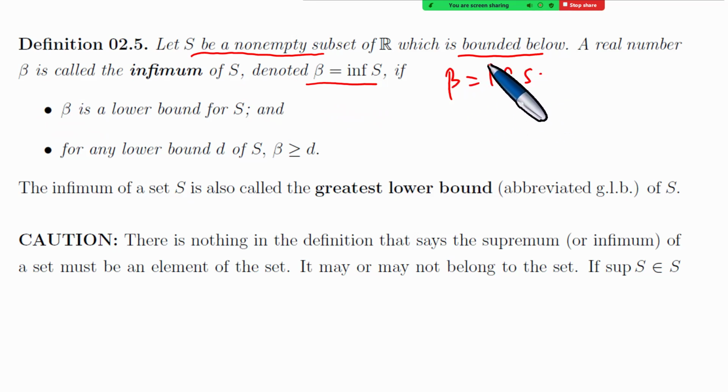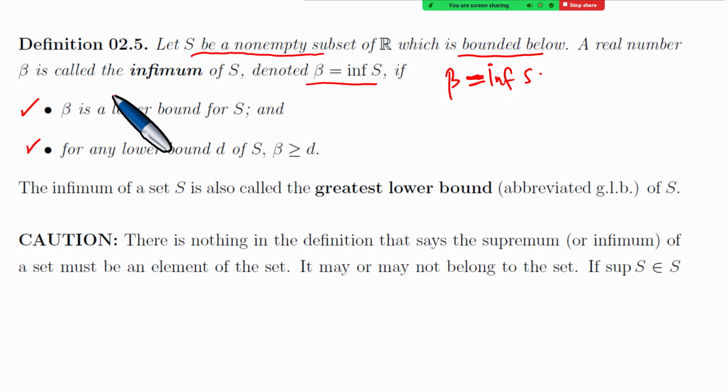But what is this? Beta is a lower bound for S. Let S be a non-empty subset of R, which is bounded below.